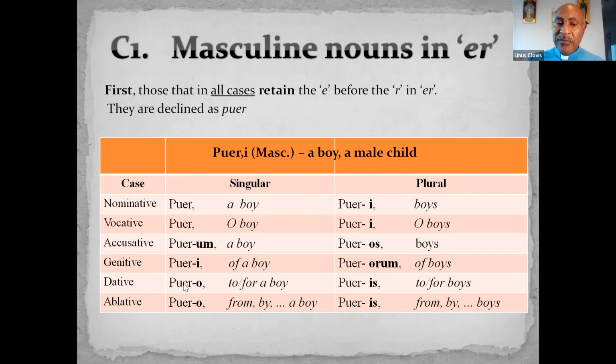And then the dative, puero and pueris. And the ablative, the same, puero et pueris. So it's just that little problem here in the nominative and vocative singular, but basically the word retains its form as a masculine noun of the second declension.